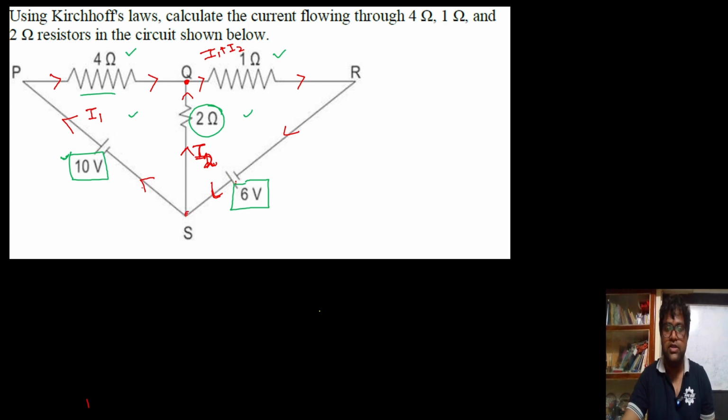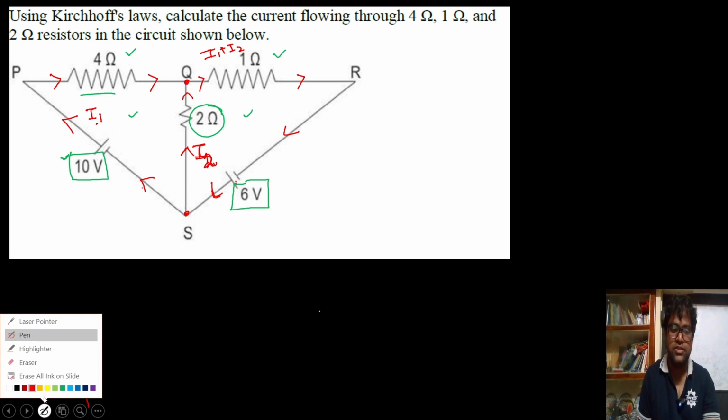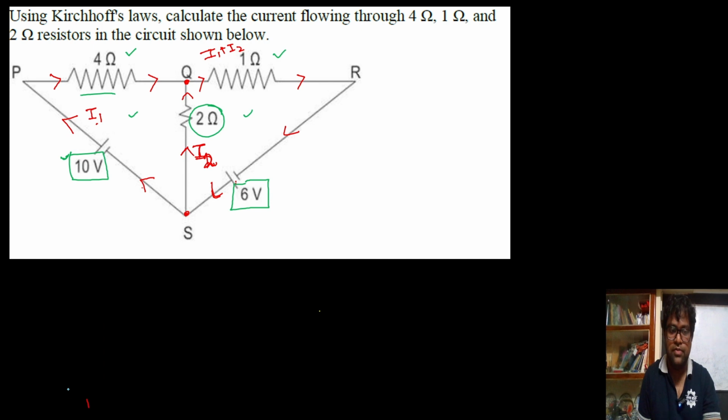So all the junctions are correctly, means the currents are correctly written, right? You can interchange, you can write it I2, you can write it I1 as of your choice. So your equations will be modified as per your assumption.